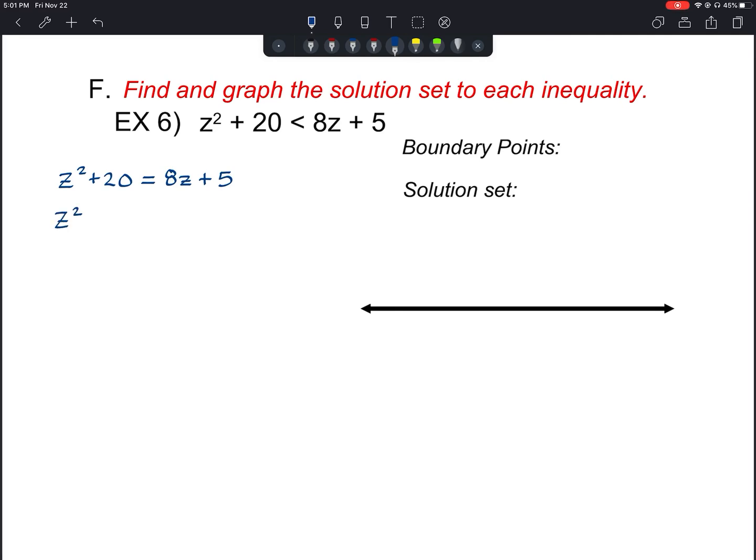I have a z squared minus 8z. When I subtract 5 from each side, I should have a plus 15 equals 0. So we'll have a z minus 5 and a z minus 3 when it factors. And the zero product property will then tell us that z equals 5 is a boundary point, and z equals 3 is a boundary point.